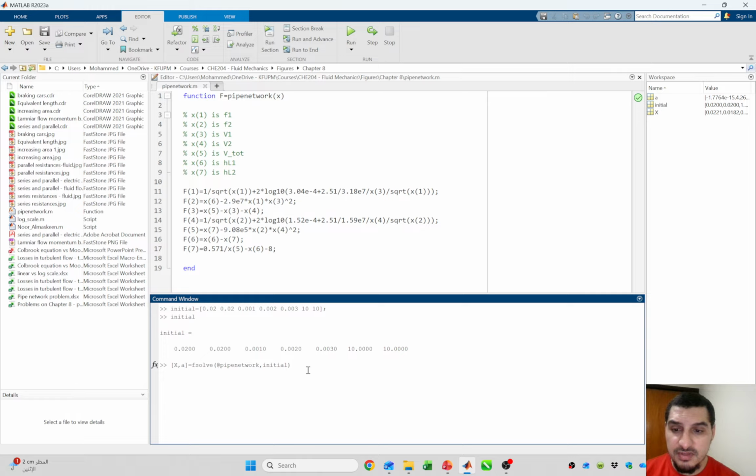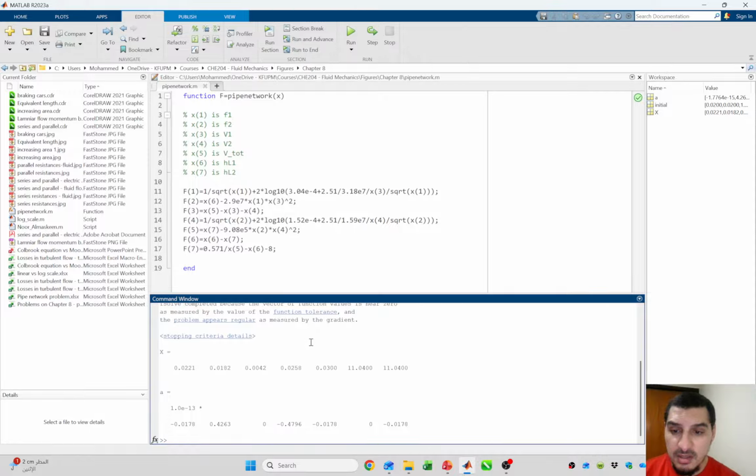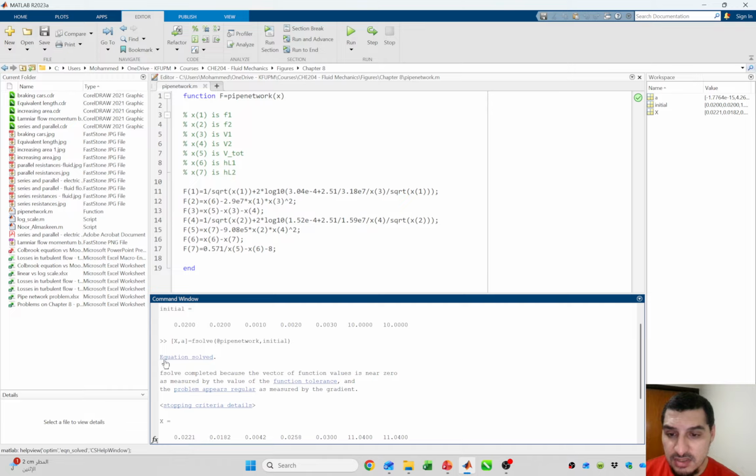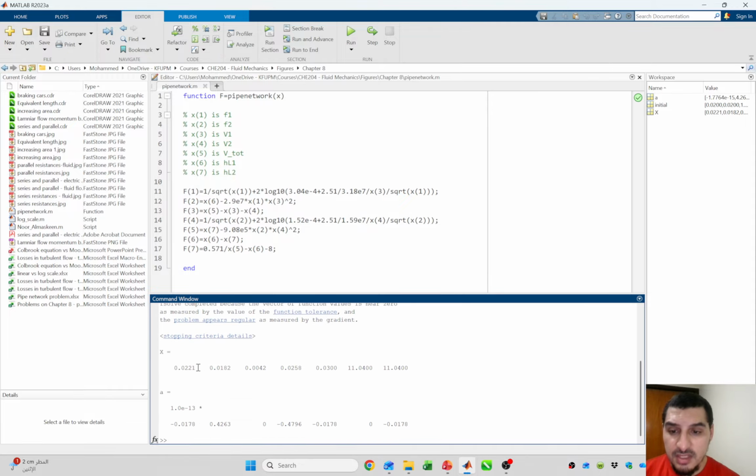MATLAB is a very powerful software. You see, it didn't take any time. It just said the equation is solved, and here we have the results. It says 0.0221, which is the friction factor 1, 0.0182, the second friction factor, 0.042, which is the first volumetric flow rate, 0.0258, which is the second volumetric flow rate, and this is 0.03, which is the total volumetric flow rate, which is the summation of these two.